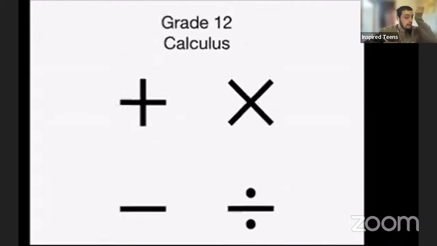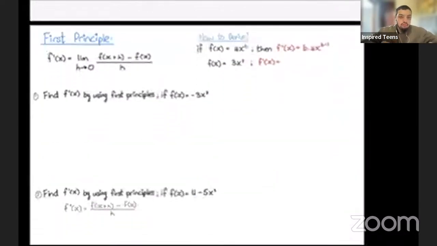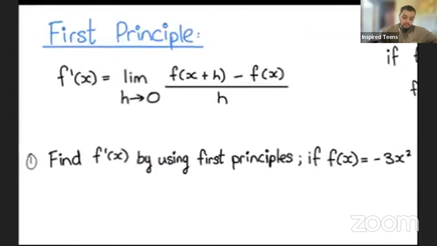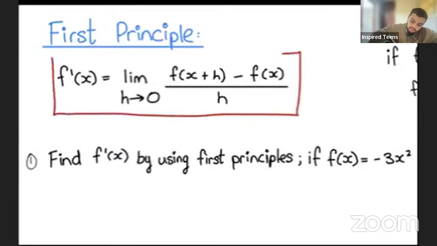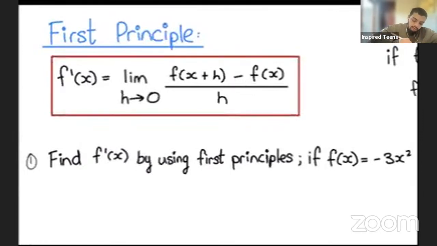We're going to start off with calculus, which I'm sure many of you have gone through already in the past term. And we'll be starting off with first principles, finding the first derivative with first principles methods. First principles has a formula and it looks like this. We have f prime x. So f prime x represents the derivative form of a function.